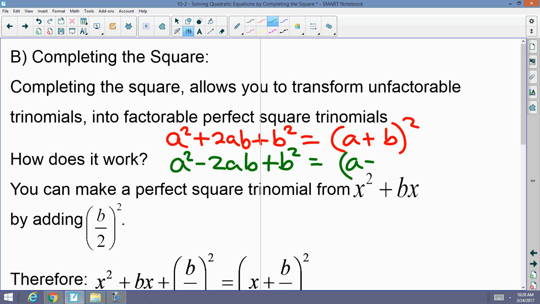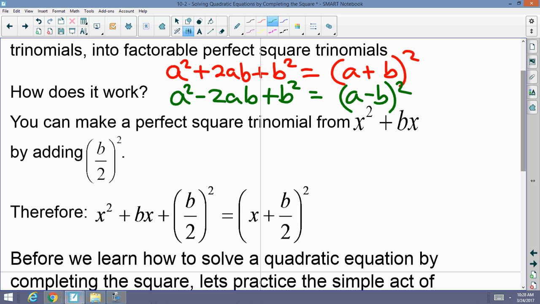Now, we've been working with this for a while. Hopefully, you can really apply it because it's going to make your life a lot easier. We want to turn an unfactorable trinomial into a perfect square trinomial. And you can do this, guys. You can make a perfect square trinomial from x squared plus bx by simply adding (b over 2) squared.